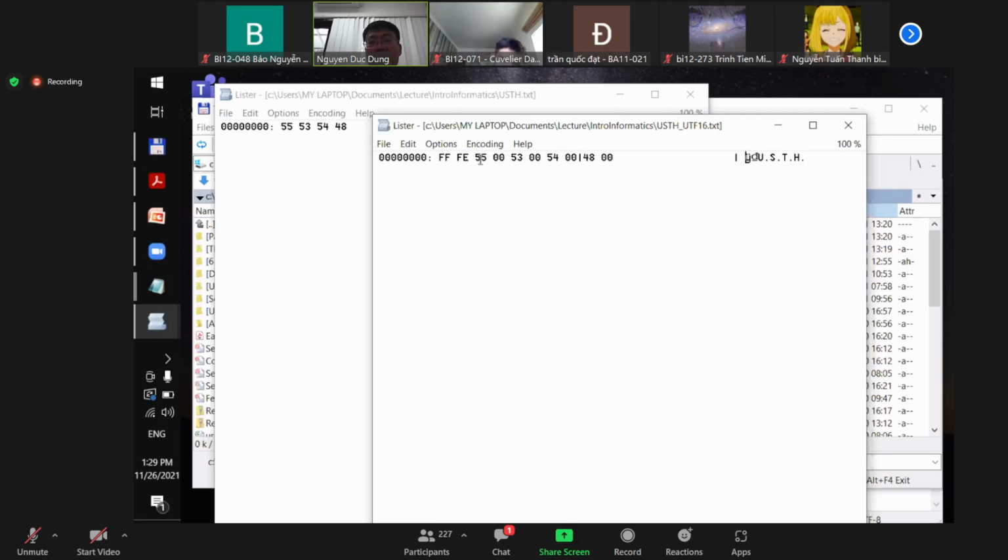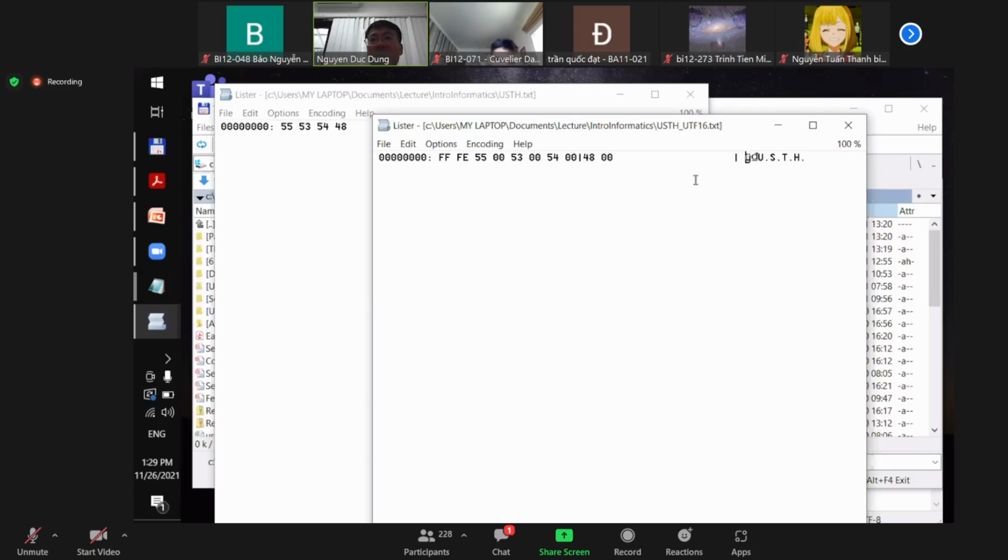I know that UTF-16 uses 2 bytes for storing 1 character. So the first character U will be stored in the third and fourth bytes, 55 and 00.